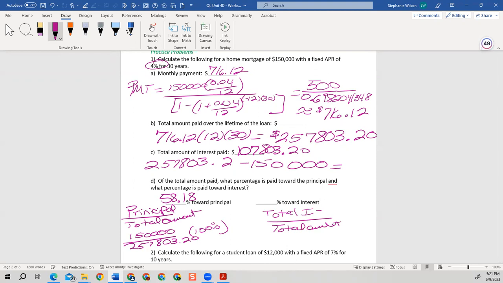So our total interest was that 107,803.20 divided by the 257,803.2, and then multiply it by 100%. And after we do that, we get 41.82. And be sure to watch the rounding. You may be asked to round differently.